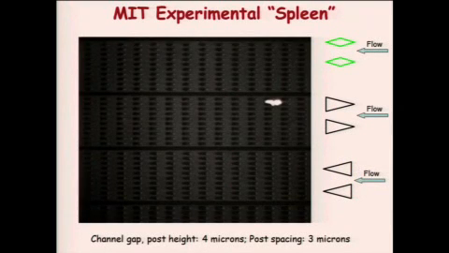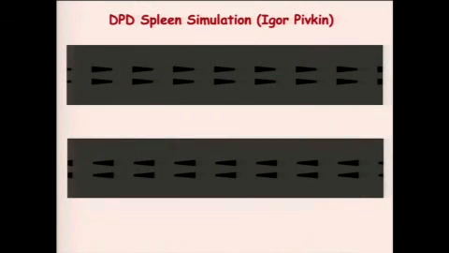Now here is in fact this experimental spleen. We have a channel with a 4 micron gap. The posts, these little objects shaped like triangles, in this case like lozenges, are about 4 microns high, and the spacing between them in the horizontal plane is typically 3 microns, about the spacings of the spleen. I don't have the movie here, but since we're running out of time, it's probably just as well. Let's see if this movie will work.